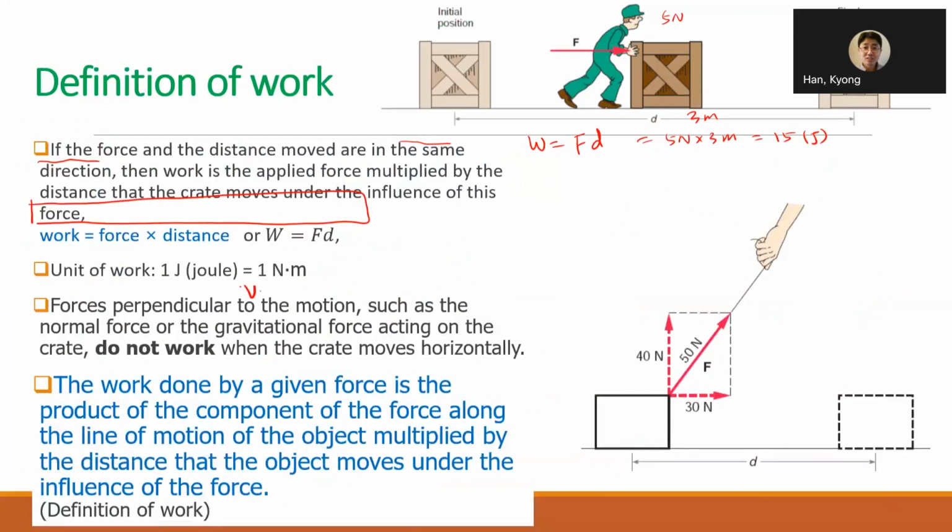Gravitational force acting on the plate does no work. The gravitational force is mg, like here. Then the normal force N is here. But the displacement occurs in this direction. In this case, the N vector and the mg vector are each perpendicular to the displacement D vector. So they are not working.